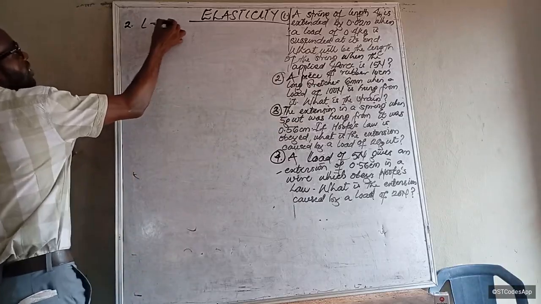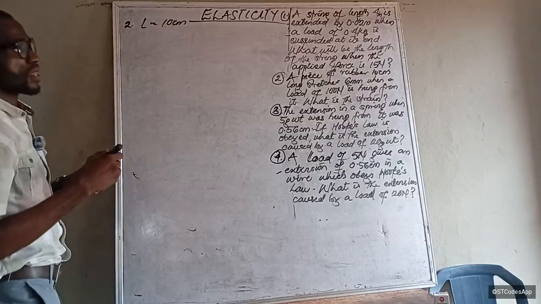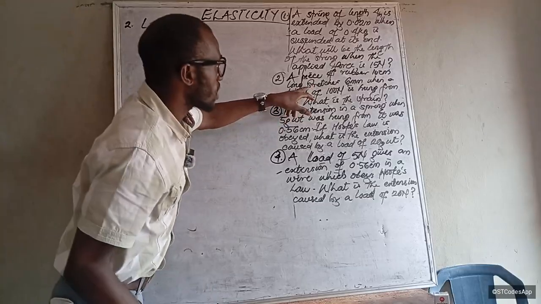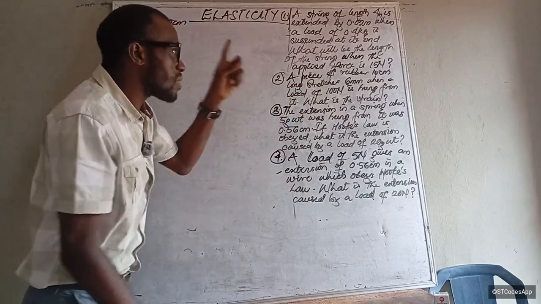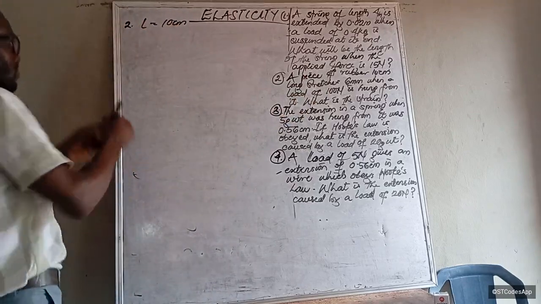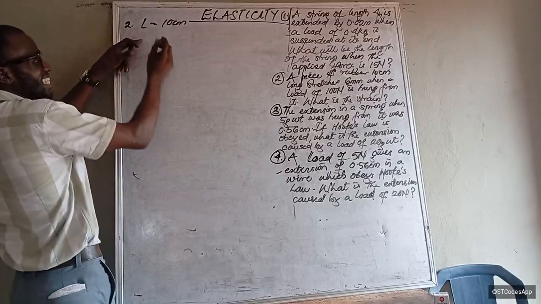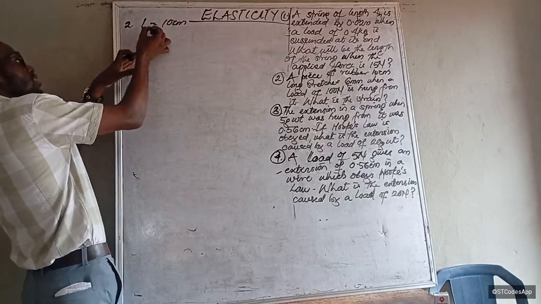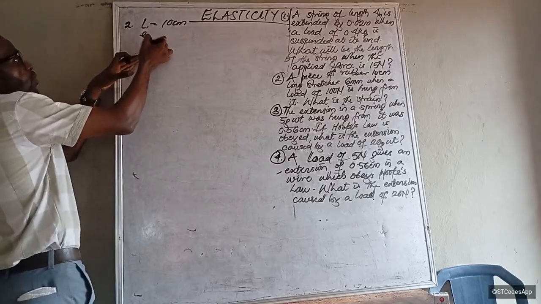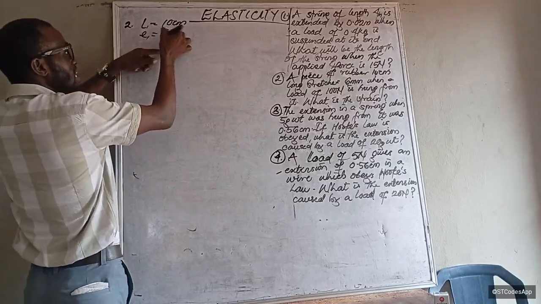So the original length is 10 centimeters. Stretches 6 millimeters when a load. So that is stretches 6 millimeters. That's the extension. So L1, E1. Now what's the extension? 6 millimeters.